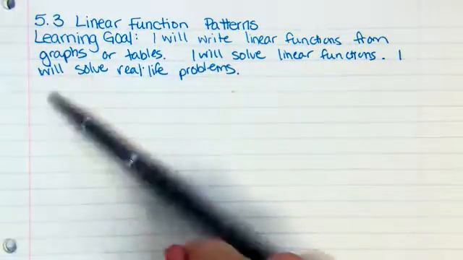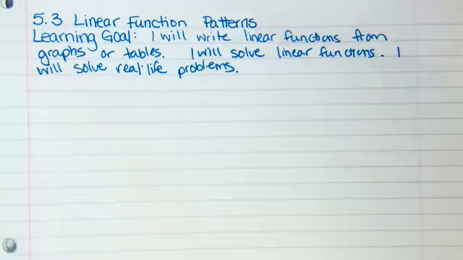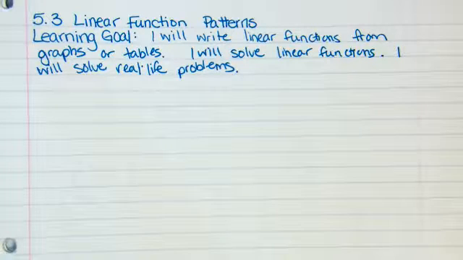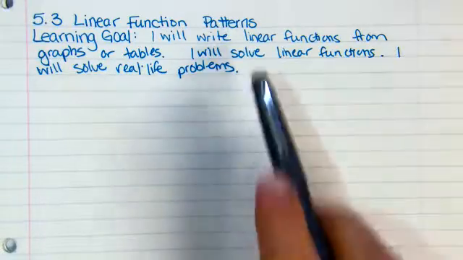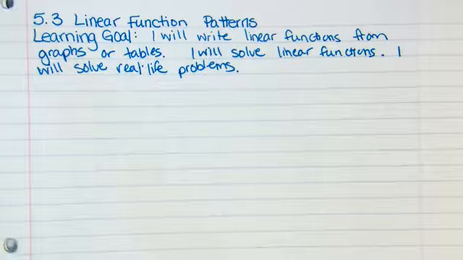But any other line is going to be considered a linear function. So all of our linear equations, except for the ones that started with x equals, like x equals 2, x equals 5, x equals a constant, every other linear equation that we did could also be considered a linear function. So this really isn't anything different than what we've done before.